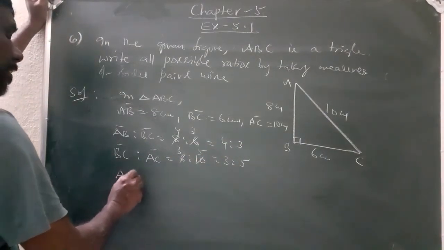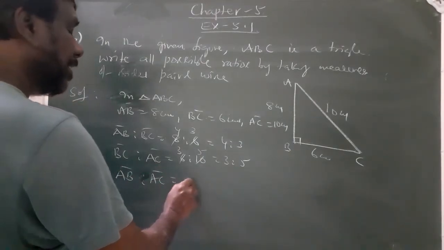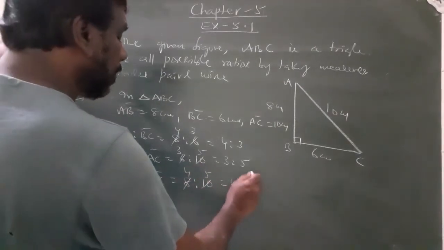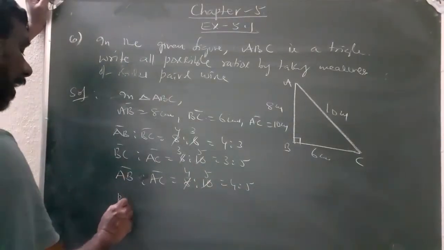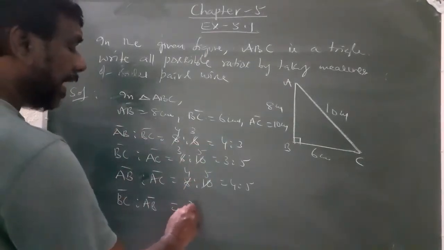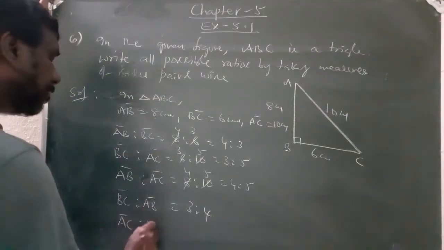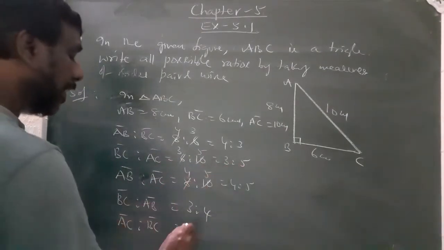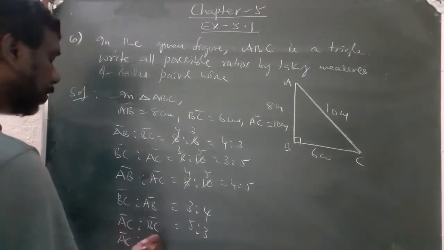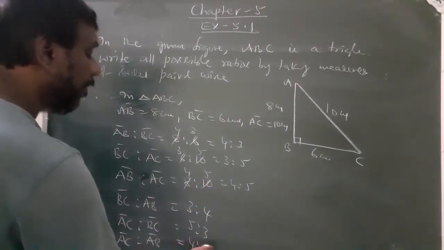Next AB is to AC, that is 8 is to 10, 4 is to 5. Next we can write BC is to AB, reversely we can write, you will get 3 is to 4. Next we can write AC is to BC, that one we can write 5 is to 3, and last one AC is to AB, that is 5 is to 4.